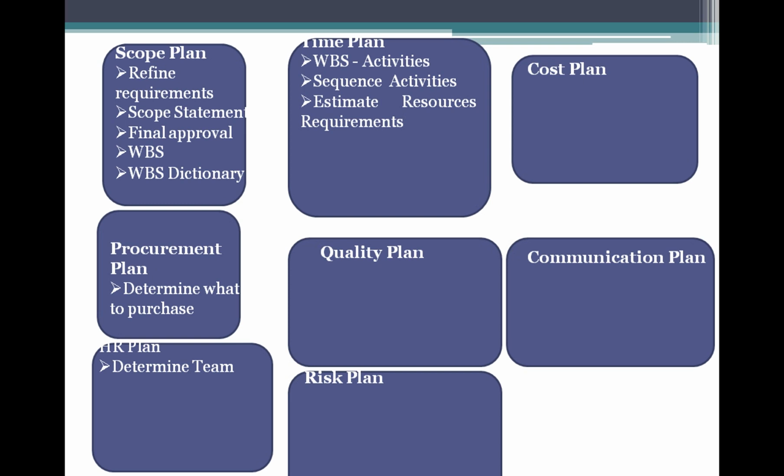He updates that in the human resource management plan, and he will have a series of meetings with the human resource department to gain the resource commitments, and he makes sure he gets the best resources for this project from the human resource department. Once the goods and services are determined, he updates the procurement management plan.